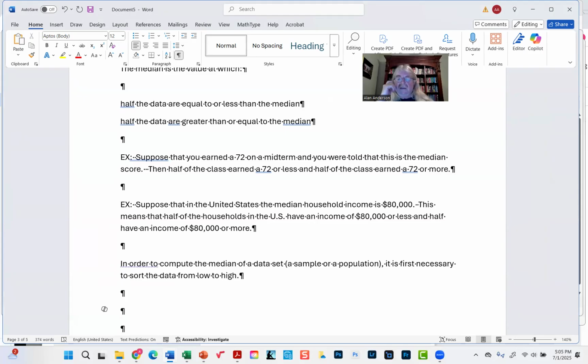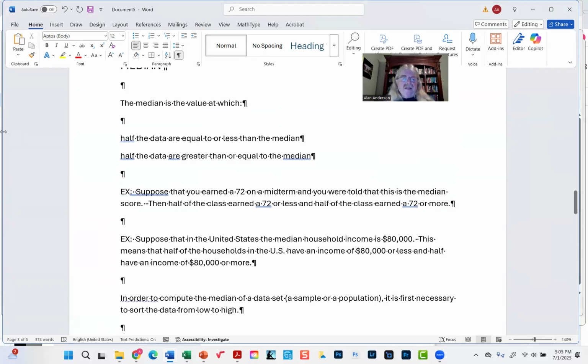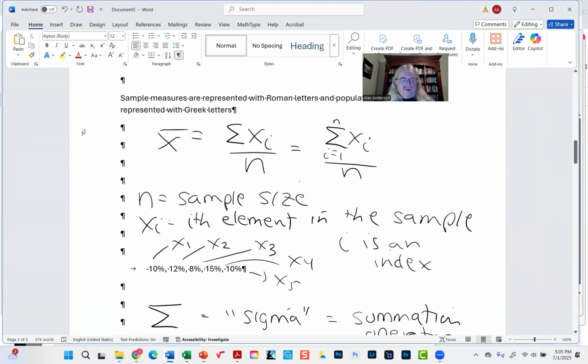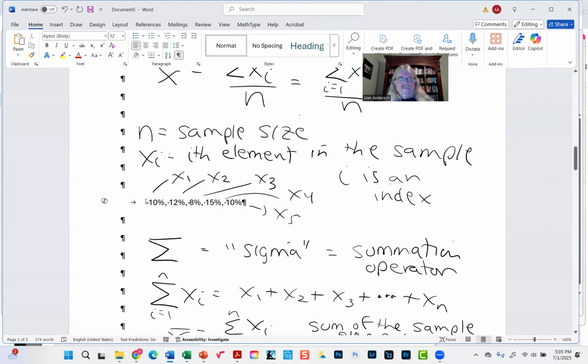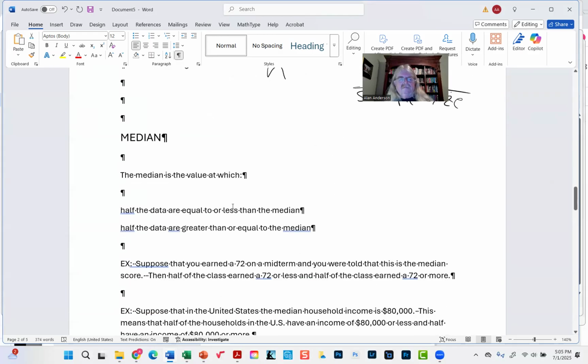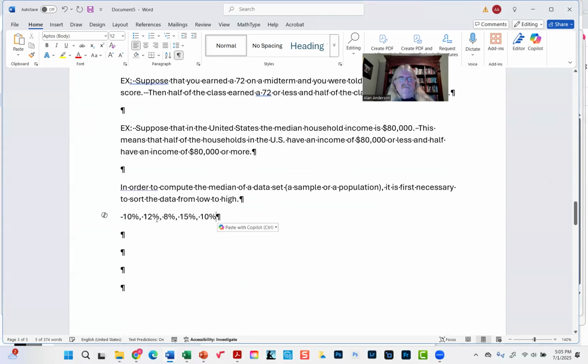Okay. So let's say we go back here and visit these rates of return. To compute the median return from the stock, the data must be sorted.